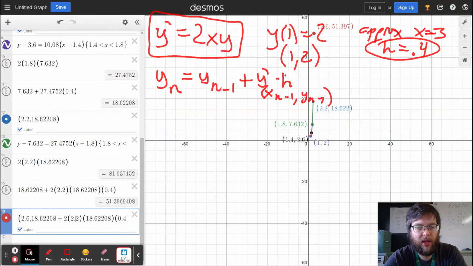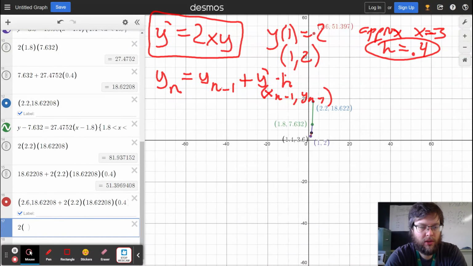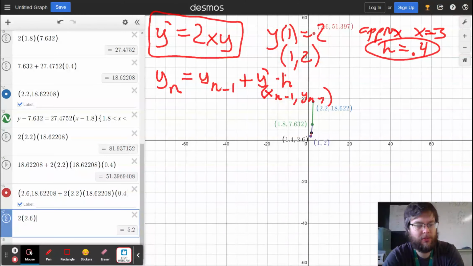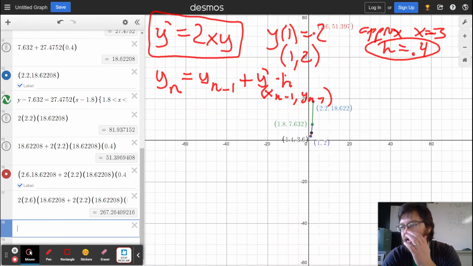Okay, then I'm going to find one more new slope, 2 times the x value of 2.6 times the y value that I just copied in there. That gives me a slope of 267 and change.